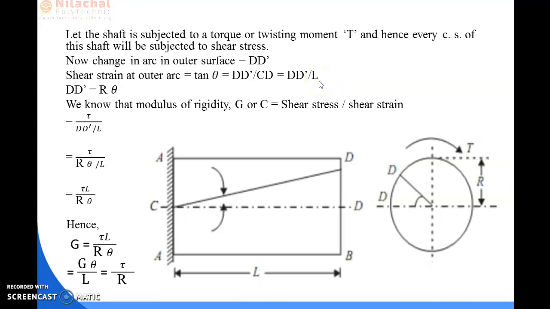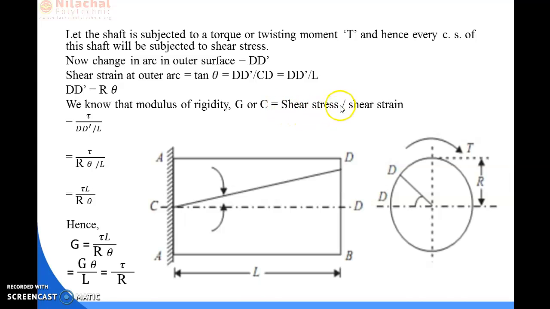And now the modulus of rigidity, which is symbolized as capital G or capital C. We know that modulus of rigidity is equal to shear stress divided by shear strain. That is, the ratio between shear stress and shear strain is equal to the modulus of rigidity.